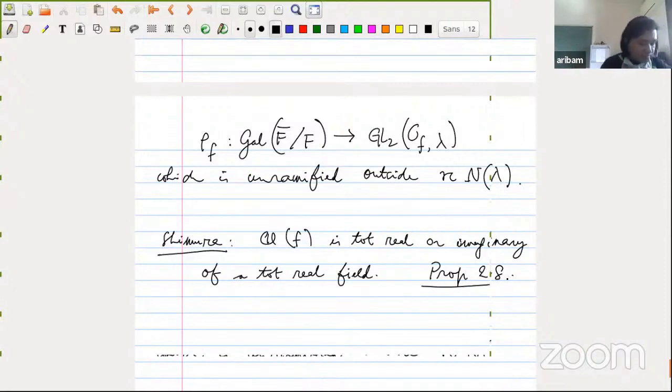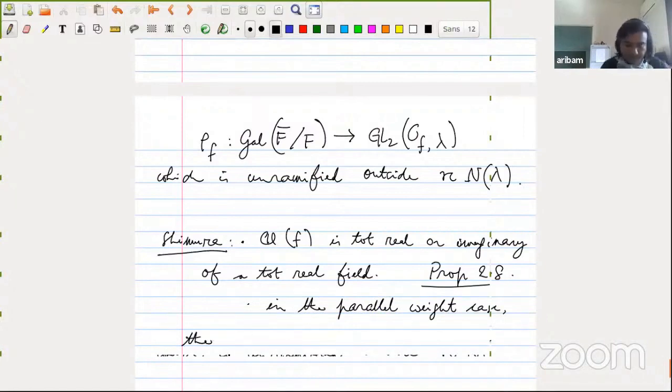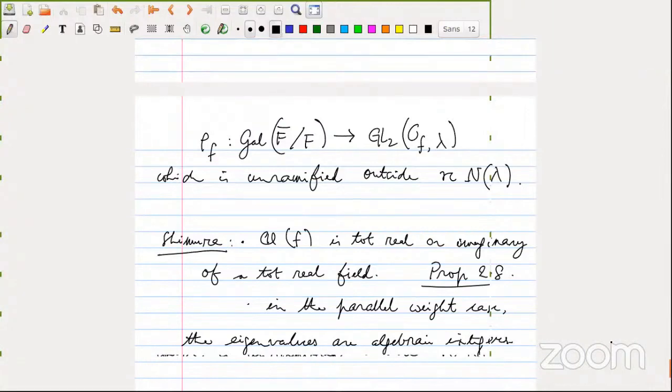And for the algebraic integers, in the parallel weight case, the eigenvalues are algebraic integers. I see. Okay. Thank you.